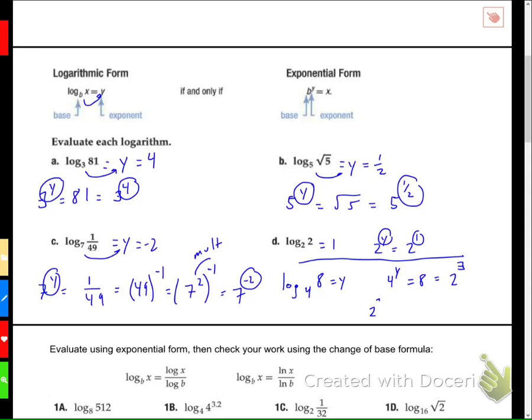So 2 squared to the y, which we can rewrite as 2 to the 2y, is equal to 2 to the 3rd. So 2y equals 3, so y equals 1.5. Coming over here, log base 4 of 8 is 1.5, and you can check in your calculators that 4 to the 1.5 power is equal to 8. Check that right now.